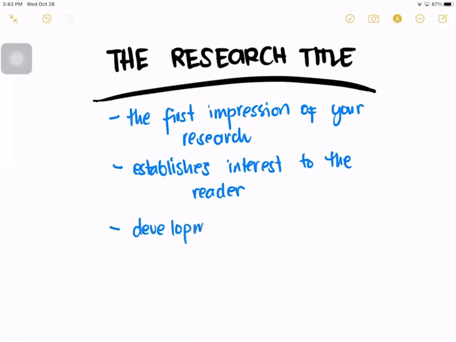Also, I would like to emphasize that doing a research title is developmental. What do we mean by that? It means that at first we create our working title. So we have a working title from the beginning of the research, and then eventually, as we go along, the title can be changed or modified until such time that the study is completed.